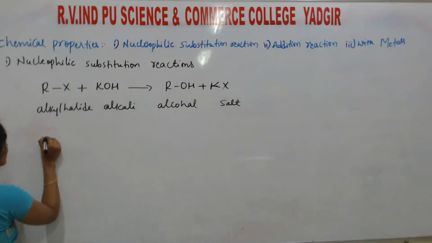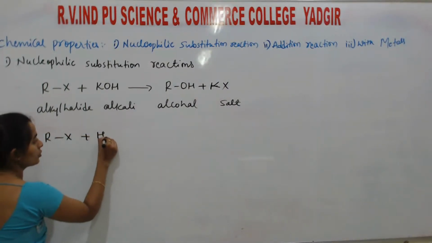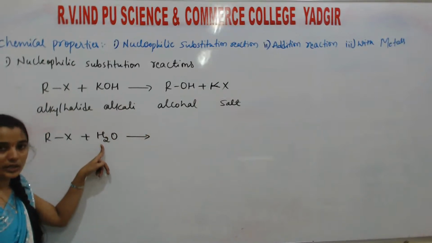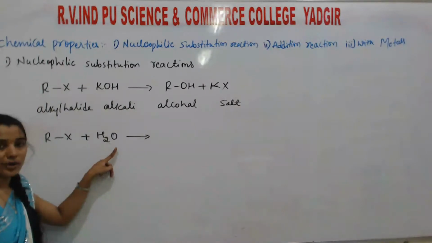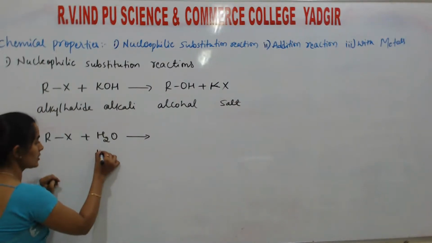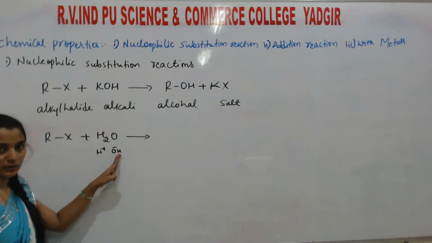So listen. Next, when RX is treated with H2O, how is H2O dissociated? H plus and OH minus. So which one is the nucleophile here? Here it is H plus and OH minus. Which one is the nucleophile? This one, OH minus.